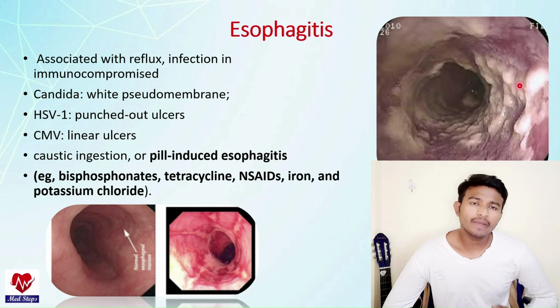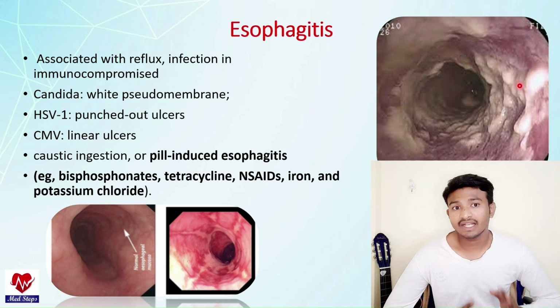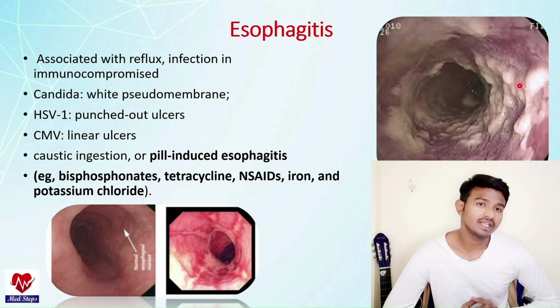Next, cytomegalovirus. Cytomegalovirus will form linear ulcers. Caustic injections or pills like bisphosphonates, tetracyclines, non-steroidal anti-inflammatory drugs, iron and potassium chloride. These drugs will damage the mucosal layer.